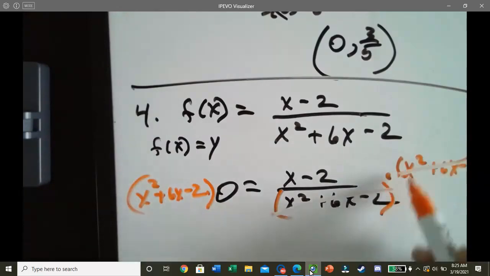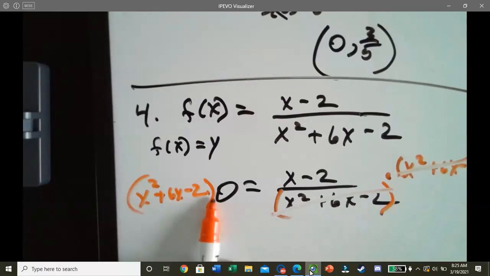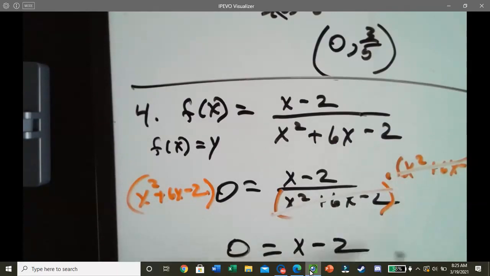And they cancel. Okay? Well, anything times 0 is what? 0. So this is still 0, right? So 0 equals 2x minus 2.